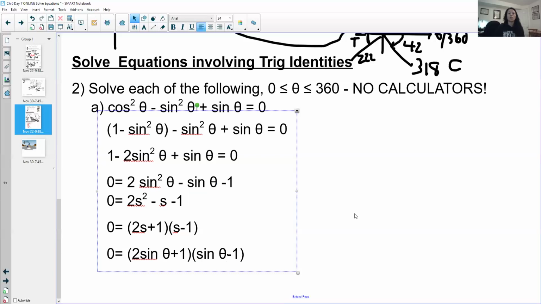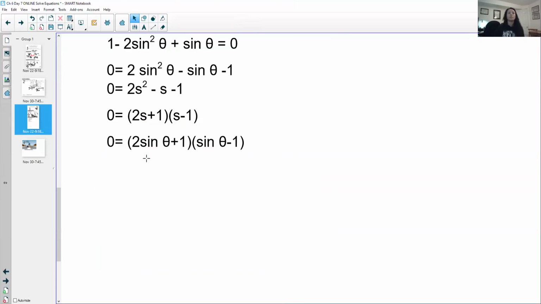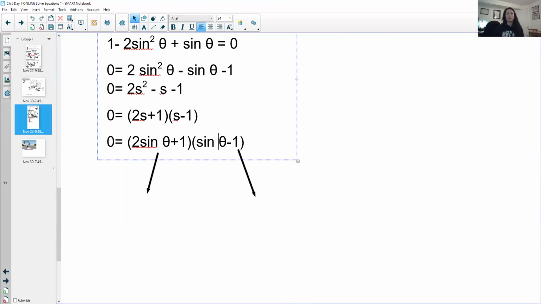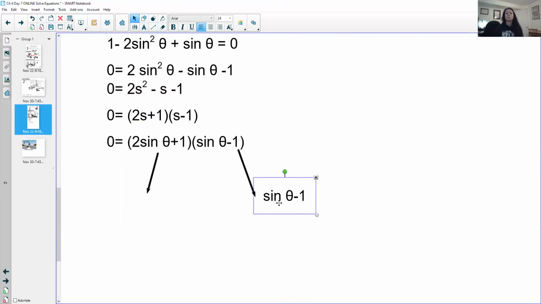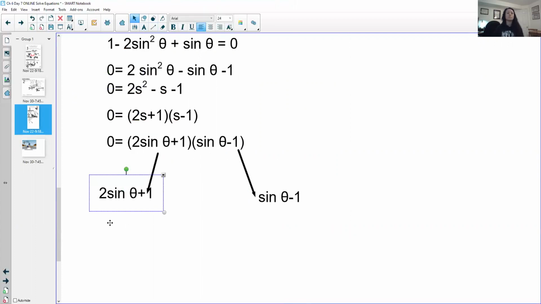And now your job is to figure out when each of these brackets would be equal to 0. So when this is equal to 0 and when this is equal to 0. It really doesn't matter, let's do this one first, and then we're going to do this one second.